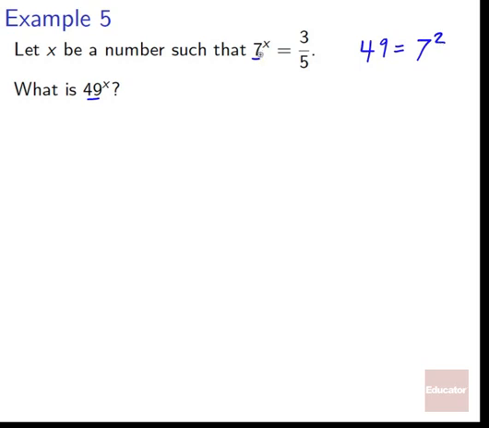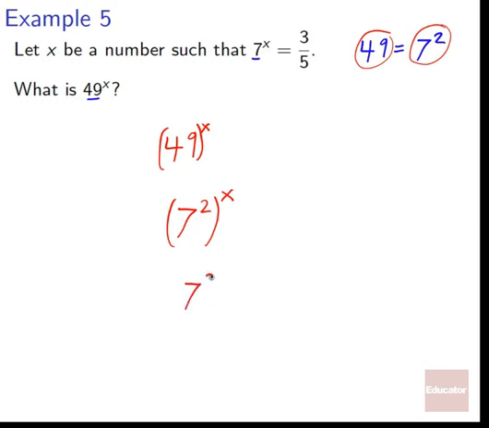We can now apply that, and we can go 49 to the x. Well, we know that 49 is equal to 7 squared, so we can just substitute that out. So 49, put it in parentheses, to the x is the same thing as 7 squared to the x, right? Nothing you can do to just stop substitution like that. So 7 squared to the x.